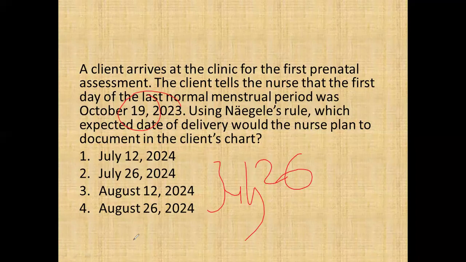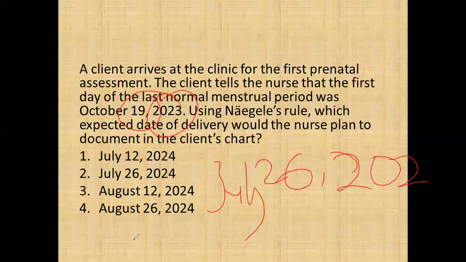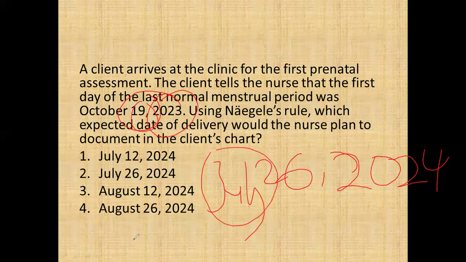After subtracting 3 months, you add 1 year to it. So adding 1 year to 2023 will give you 2024. That is the first method, the subtraction. Add 7 days to the first day of the last menstrual period, subtract 3 months from the month, then add a year.